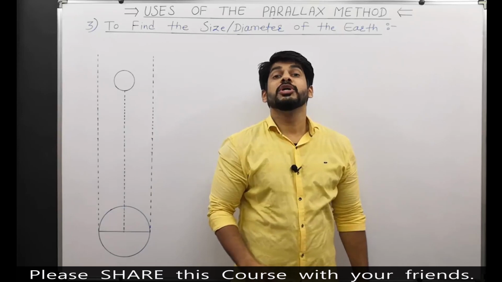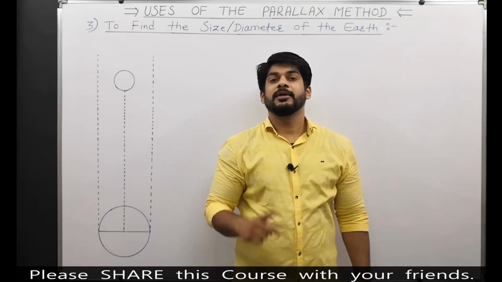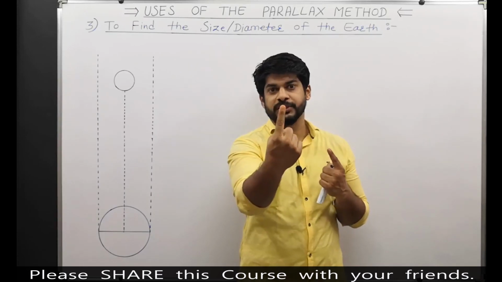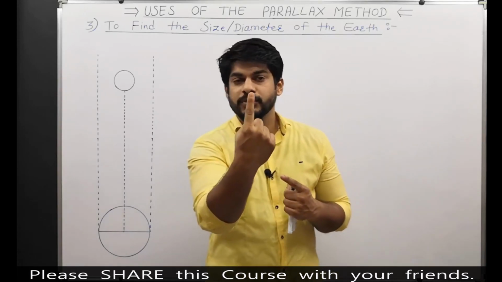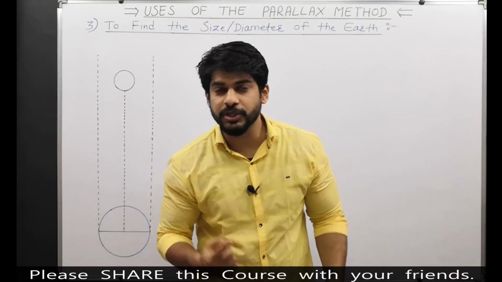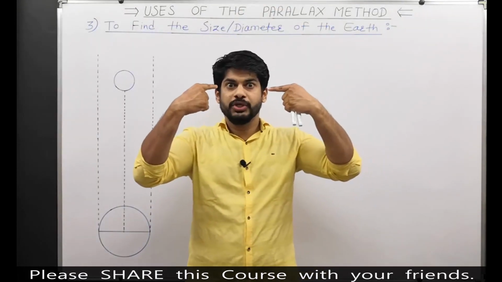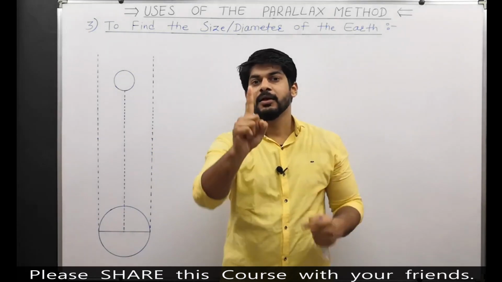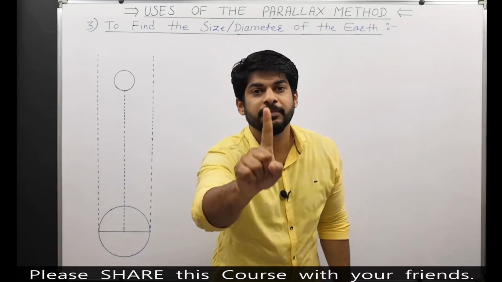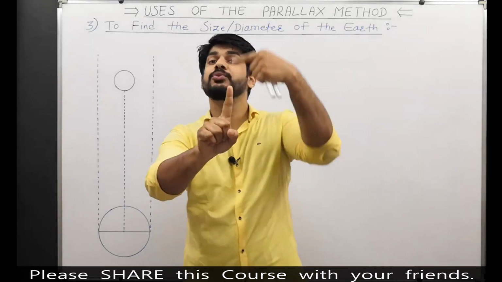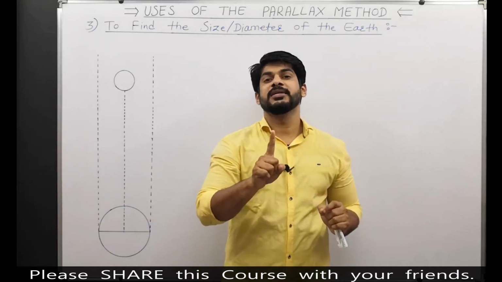So here we can observe one thing: when we observe a nearby object with respect to a distant background object from two different locations, then the position of the nearby object appears to change with respect to its background, isn't it?